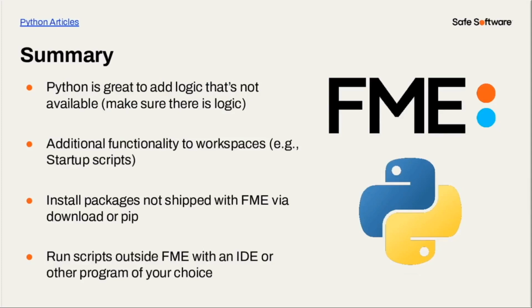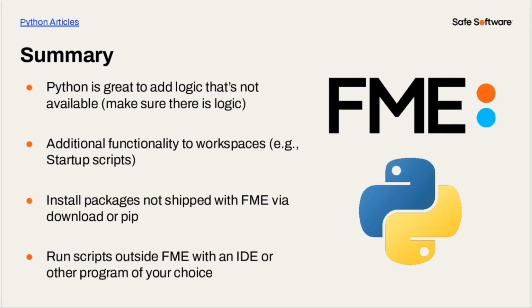So to conclude, Python is great to add logic that's not available, but just make sure that the logic isn't already covered by our transformers, which cover most things. We also have transformers on the community that cover other use case scenarios. So just make sure that there's not logic already.